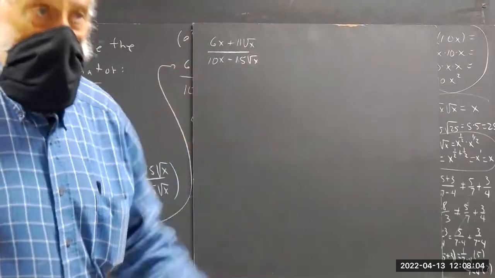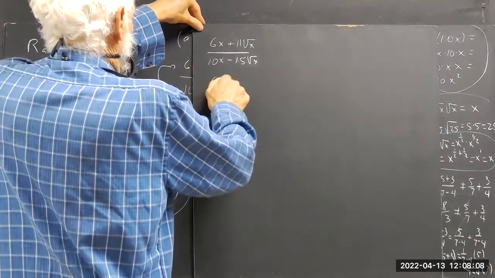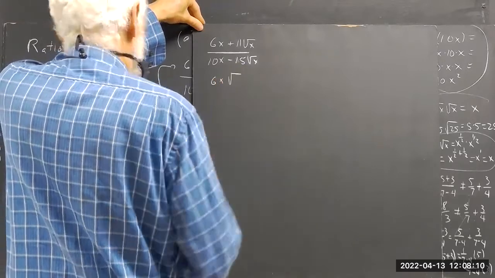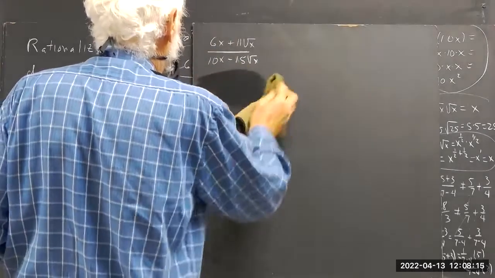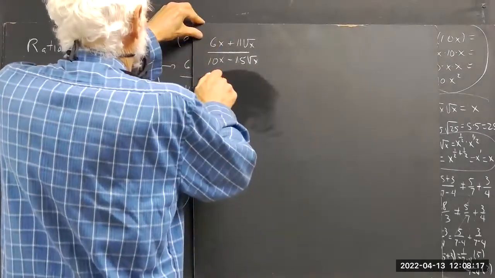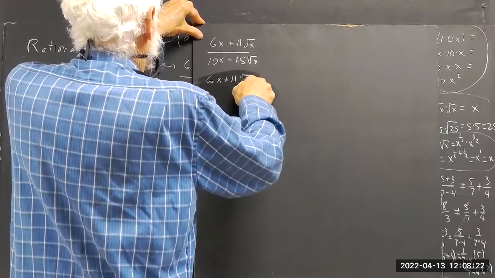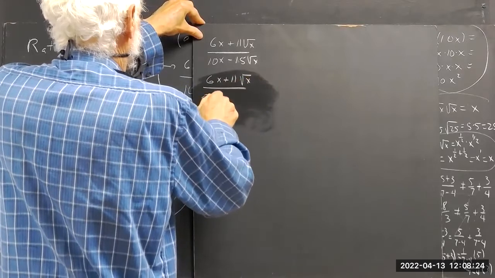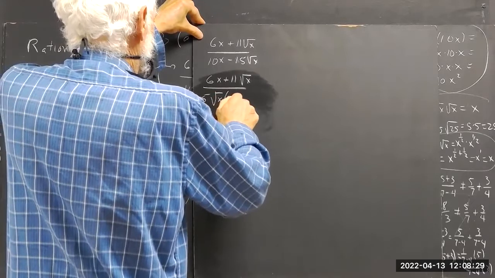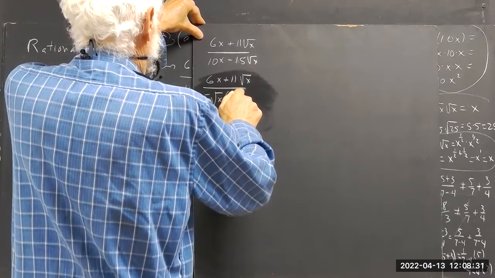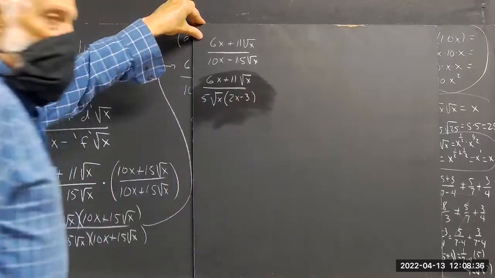And somebody's looking at an example online that said, okay, well, this is 6x plus 11 square root of x, sorry. Now, it's not exactly the same, but I could write this as 5 square root of x times (2x - 3). Okay.